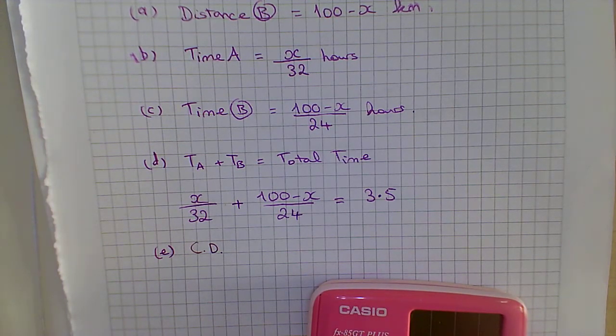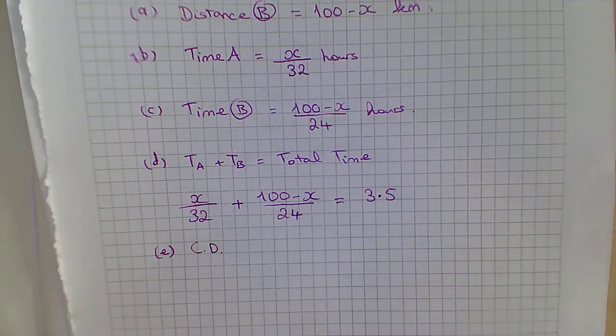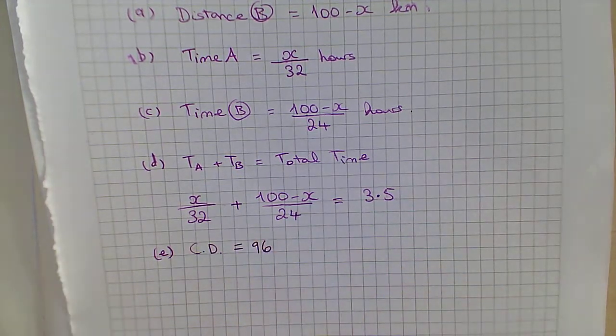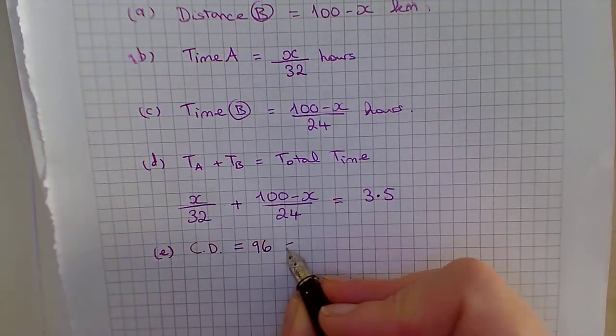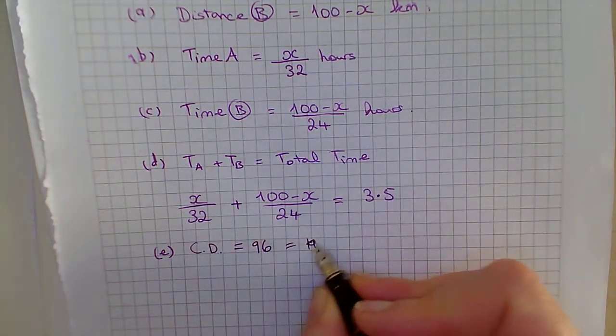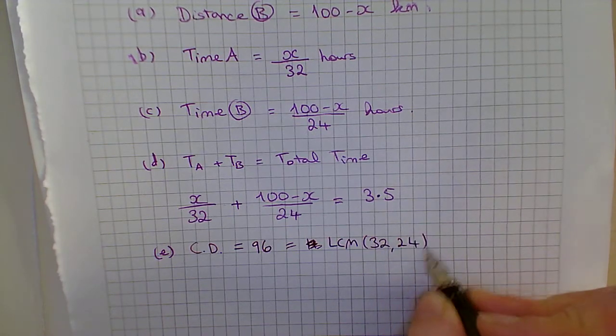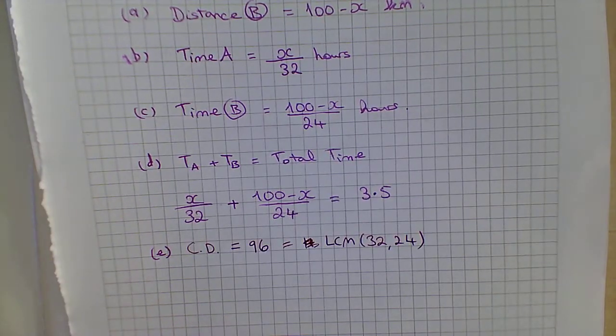So let's have a look. 96. Divided by 24, yeah, 96. Now, if you pick a bigger common denominator than that, that's fine. You'll just have bigger numbers as you're working it out. But that common denominator came from the LCM of 32 and 24. So that's where I got that from, but if you pick a different number, it's quite okay.